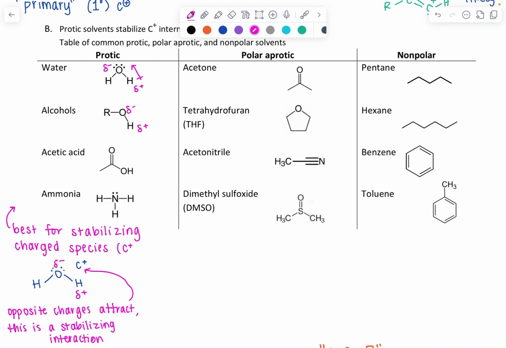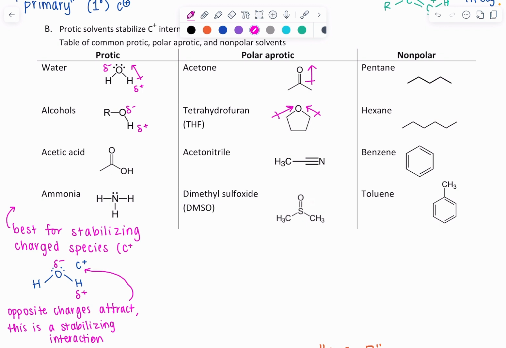Polar aprotic solvents are solvents that have polar bonds, so there is polarity in each of these molecules. Just a couple of examples of the polar bonds. But there is not as much of an electronegativity difference between the two atoms that are part of the polar bond, so it's not quite as polar. Let me rephrase that.